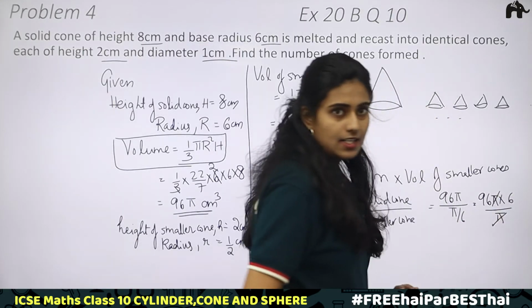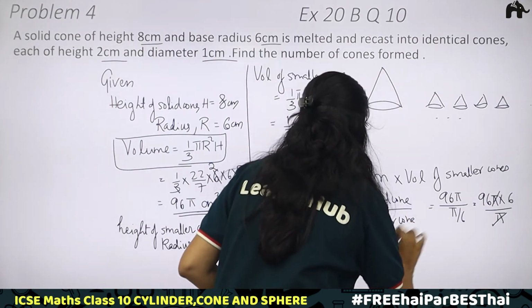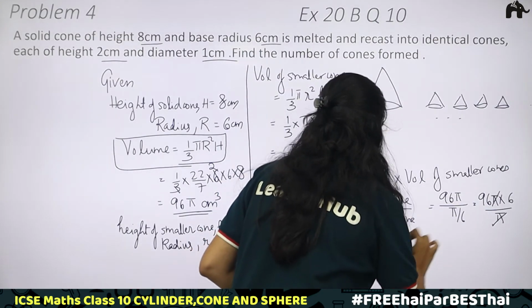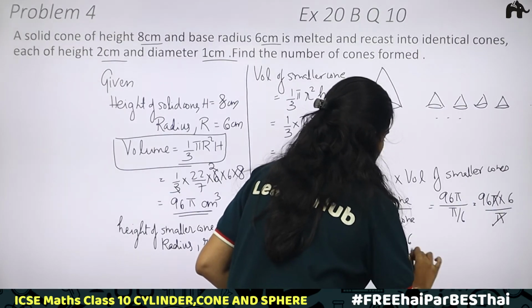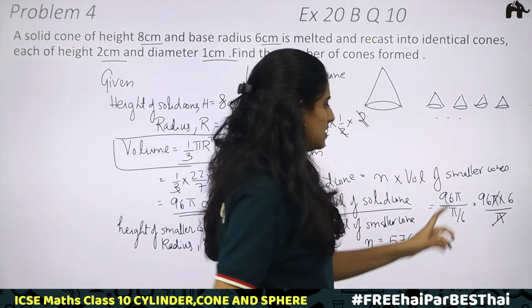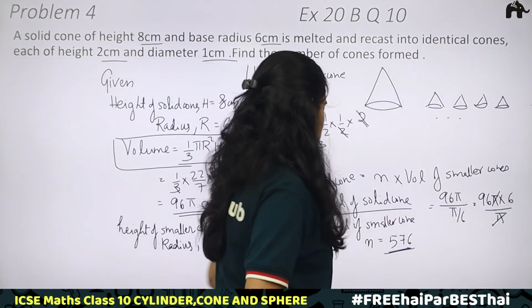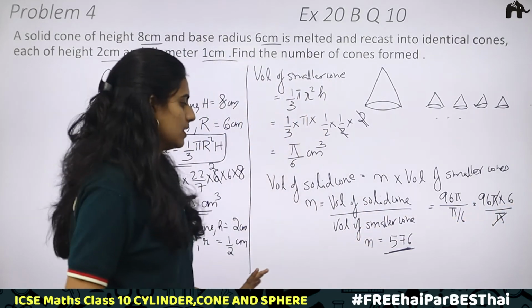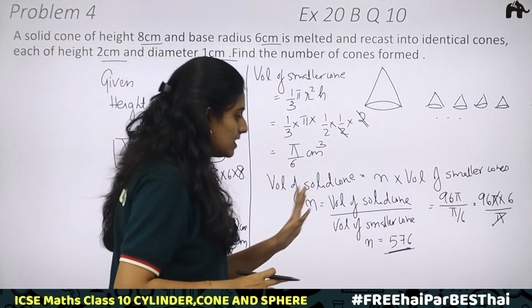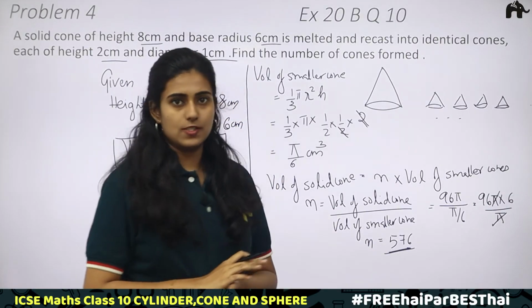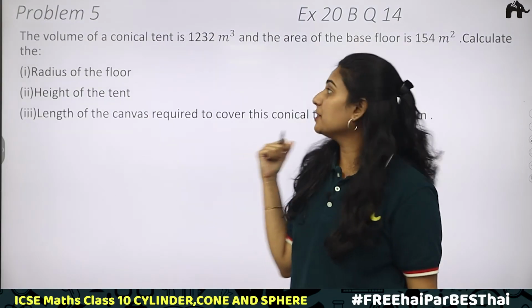Pi gets cancelled. We get 96 into 6 is 576. N is equal to 576. Therefore, the number of cones that can be made when the solid cone is melted is 576 cones. Clear?